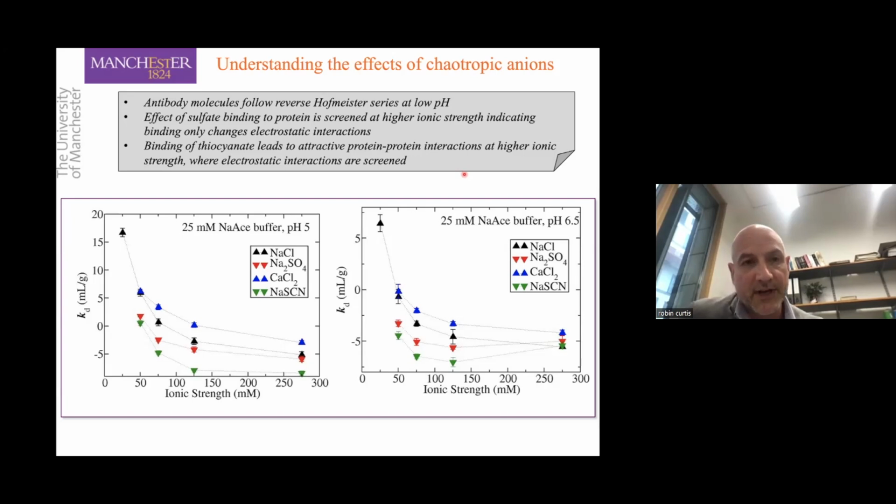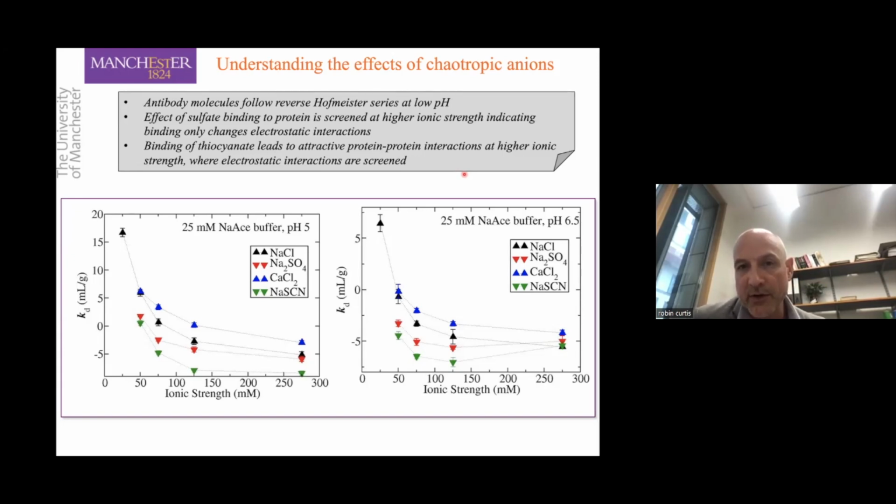One of the findings is that chaotropic anions tend to preferentially adsorb to either nonpolar regions on protein surfaces or to polar groups on the proteins. And this is supposedly the reason that you get this reverse Hofmeister series. One of the questions that we wanted to look at was how we can interpret this in terms of the impact on protein-protein interactions.